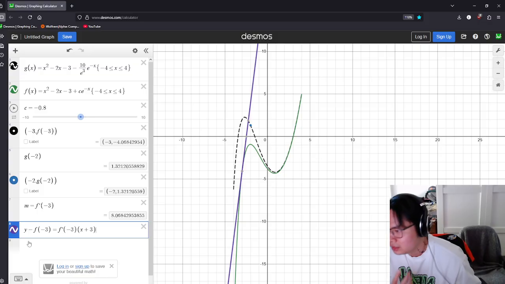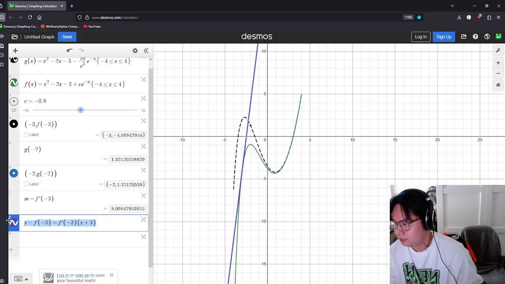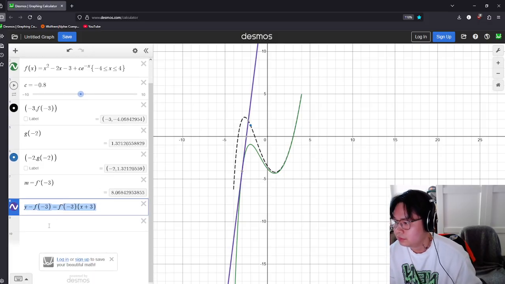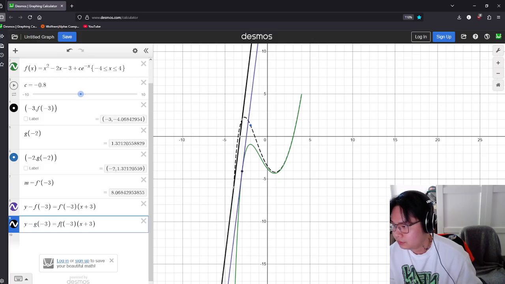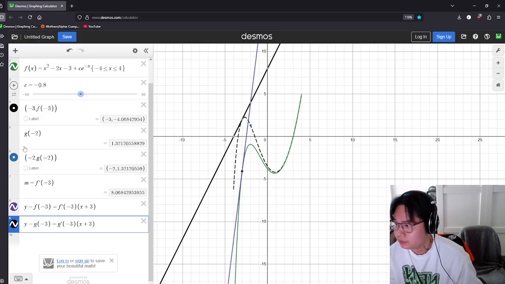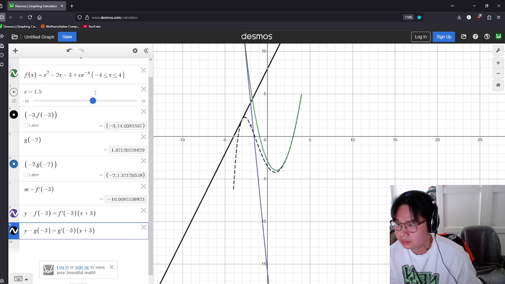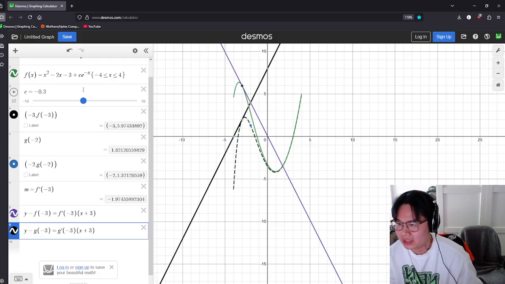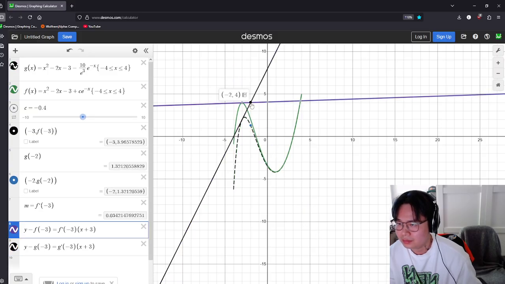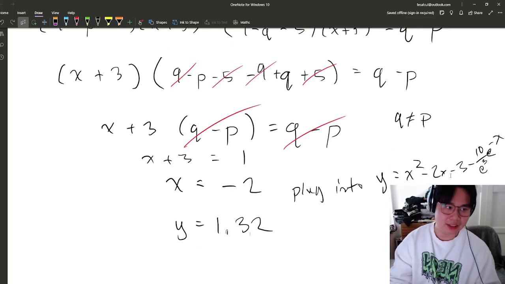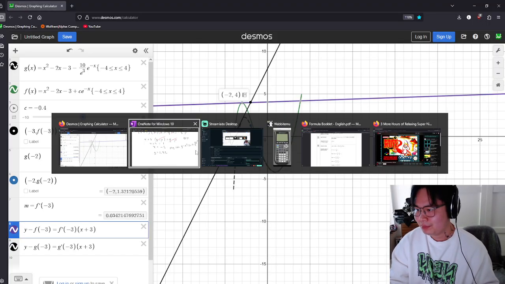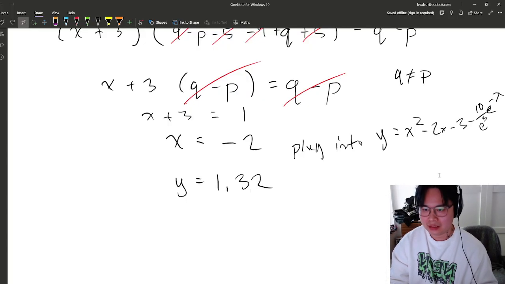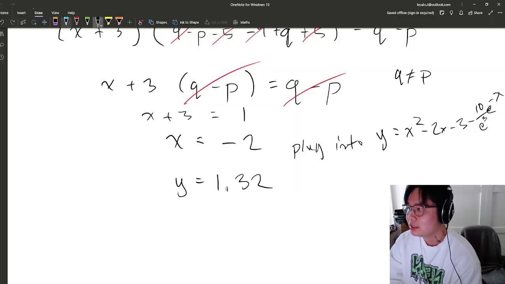Ooh, that's not looking good. Okay, they all intersect here at this point. Should be 4. Oh yes, okay, I'm sorry. You cannot plug this into the function itself because that's the actual coordinate on the line. So do not do that. Sorry.